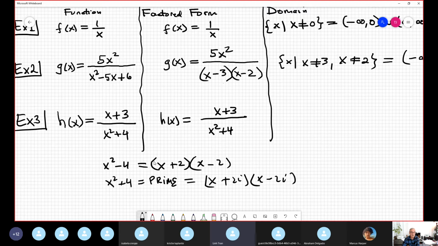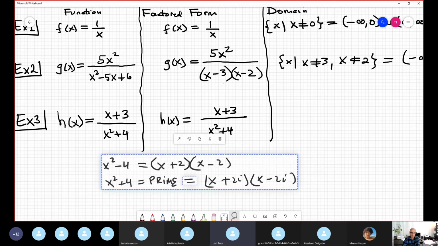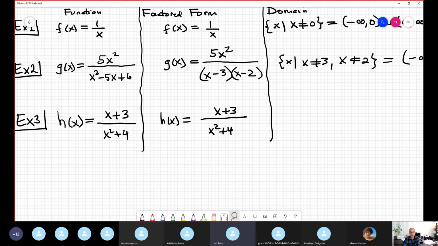But in this section, we never work in the complex field. Always the real field. The assumption is the real field. Never. When you see plus, whoosh, this smells bad. It's a prime expression, an irreducible quadratic.